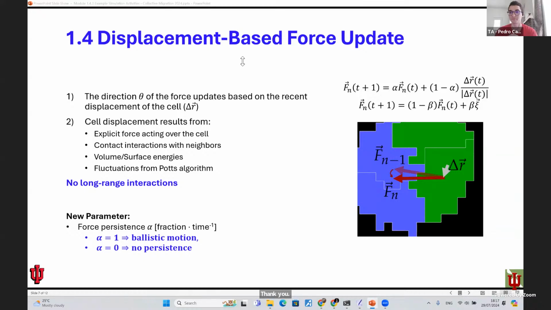Good question. This is very interesting, because cells don't collide like billiard balls. They collide and then they do something weird, and then something weird again. So they are not like billiard balls.